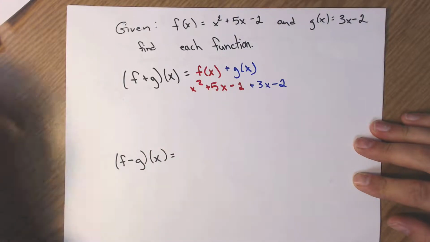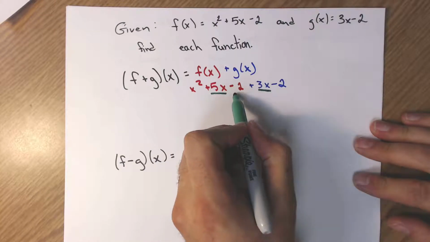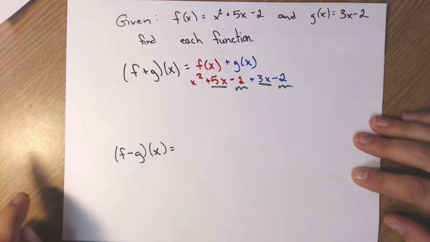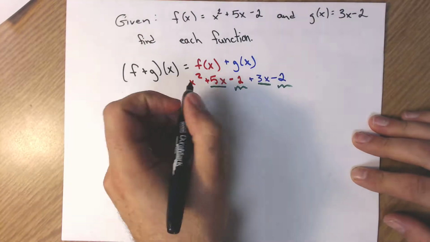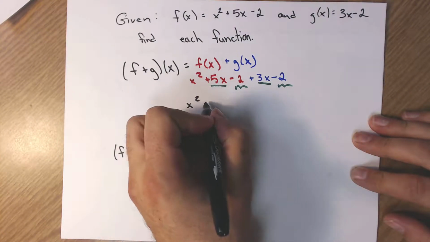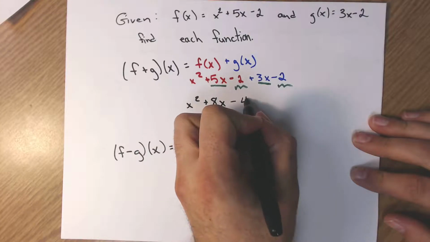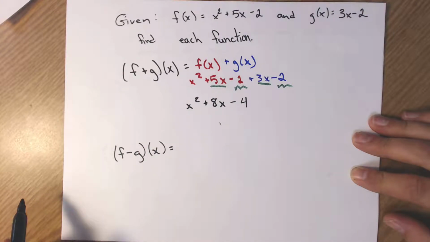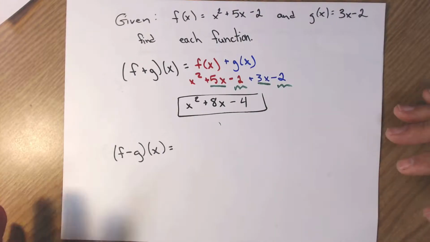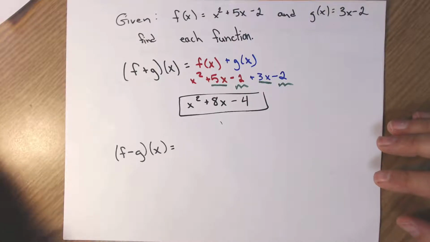Combine anything that happens to be like terms: we have 5x and 3x, and our constants of -2 and -2. And x squared just comes down. Combining these two, we now have 8x. -2 minus 2 more is -4. That one, done. Since we didn't have any weird denominator, no square roots or anything, there's no restrictions in our domain or in our range.